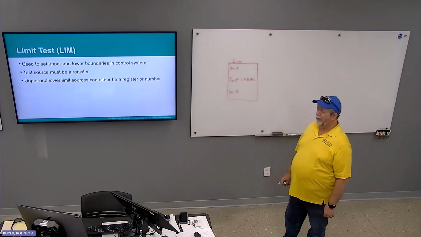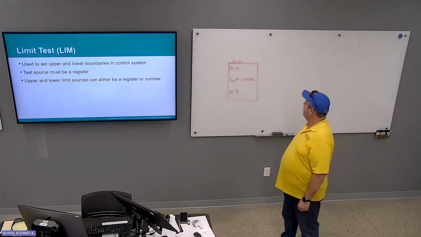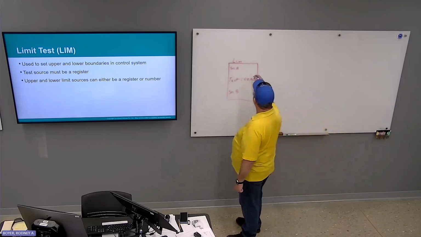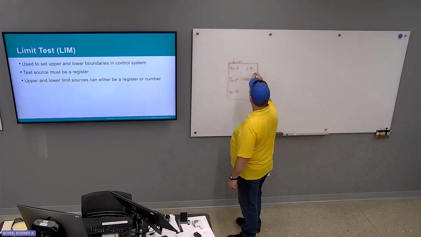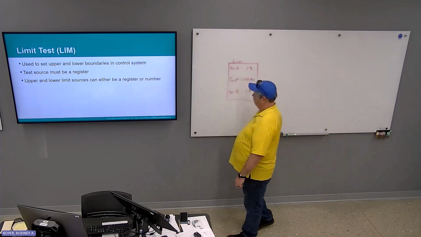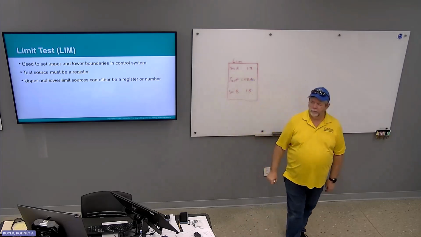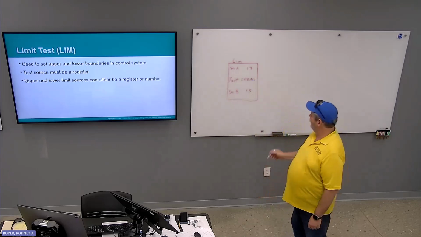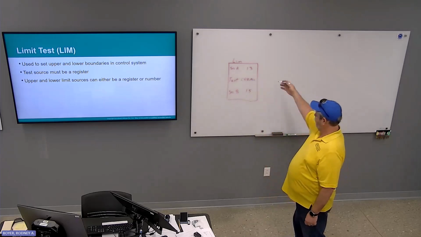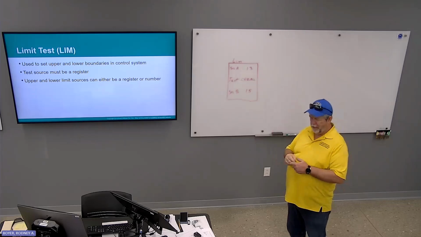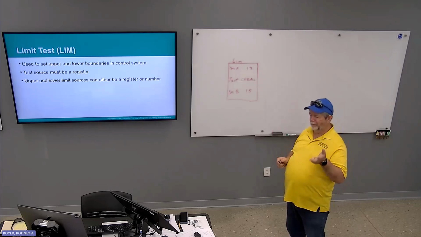I want that to be between, say, 13 and 15. As long as that evaluates as true, because source A would be either 13, 14, or 15.